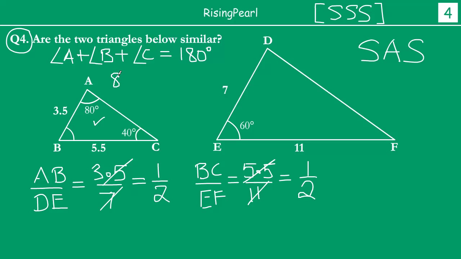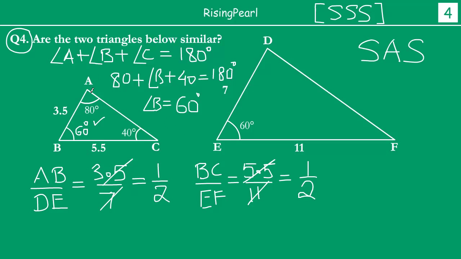A is 80, B we don't know, C is 40, the sum is 180 degrees. So from here we can find out that B is 60 degrees, because 80 plus 40 is 120, and 180 minus 120 is 60. So this is 60 degrees.